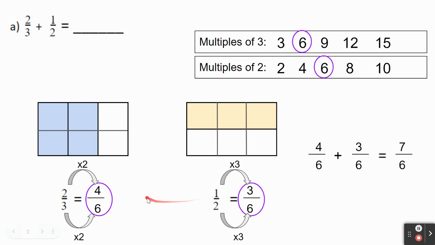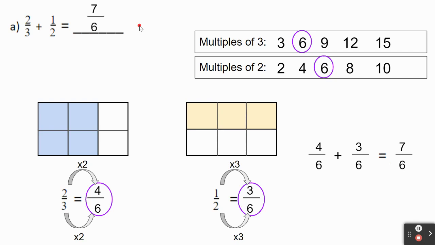And that means that there are 7 parts shaded, 1, 2, 3, 4, 5, 6, 7, out of 6 parts in each whole. So if we look at just one whole, we can see that there are 6 parts. So 2/3 plus 1/2 equals 7/6.